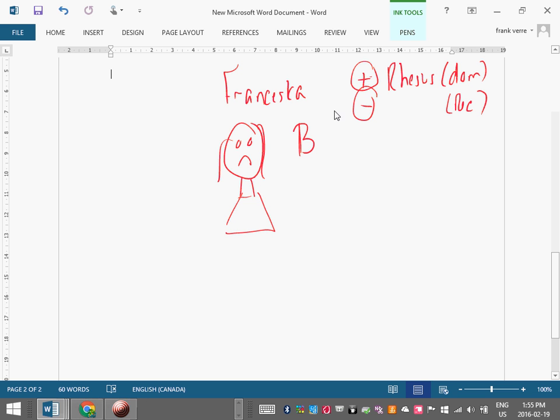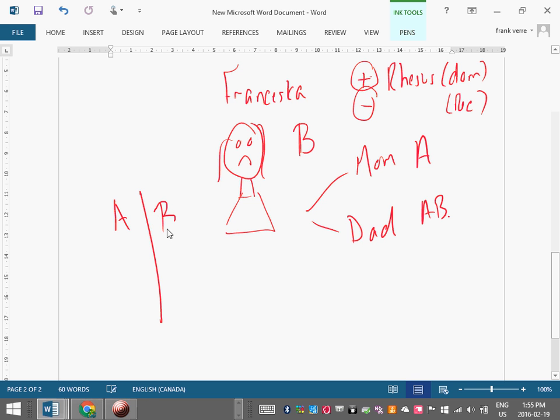Let's just talk about the B, okay? So you're saying you're B. Yeah. And your mom is A. And your dad is AB. So how did you get to become B? So listen, your dad is AB, right? So if you think about a Punnett square, your dad can pass on A or B. Your mom is A, but guess what she has also with her?